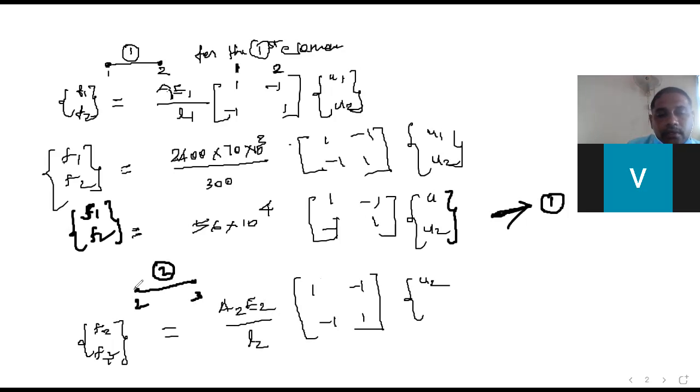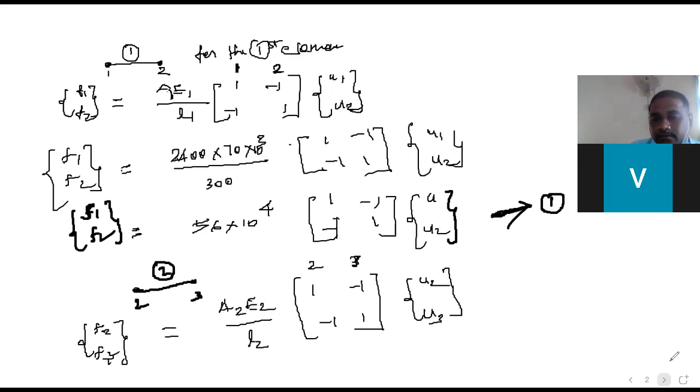Why? Because we have node number 2 and node number 3. Global numbering scheme, global coordinate system. You just put 2 and 3 over the matrix.